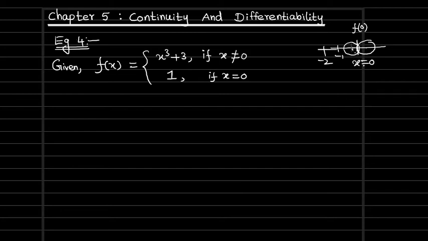For testing, we are going to take the help of the limit, and in the same way for the right hand side close values of 0, there are infinite values too, so we use the limit only. For the left hand side, the close values are not equal to 0, right? It's less than 0, but still x is not equal to 0, so we are going to use the first function.